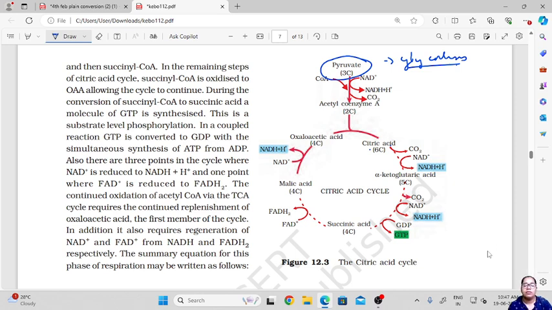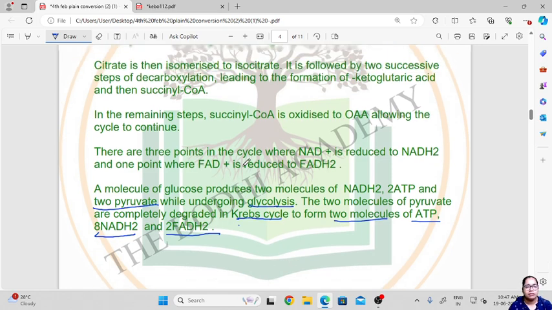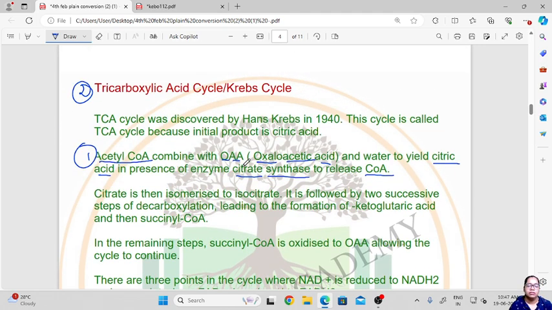Then it will form your succinic acid, then it will form your malic acid, and then again it will form your oxaloacetic acid, and the cycle continues to form 2 molecules of ATP, 8 NADH2 and 2 FADH2. So this is how the Krebs cycle, citric acid cycle or the TCA cycle occurs in plants.